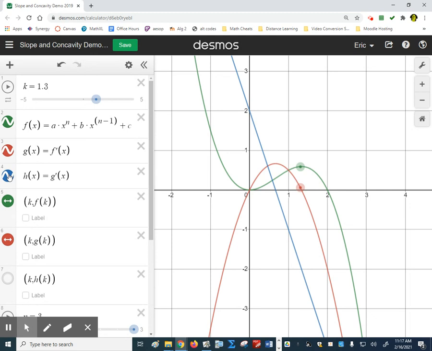Look, we started with a cubic here. And what happened every time we took a derivative? What happened to that polynomial?